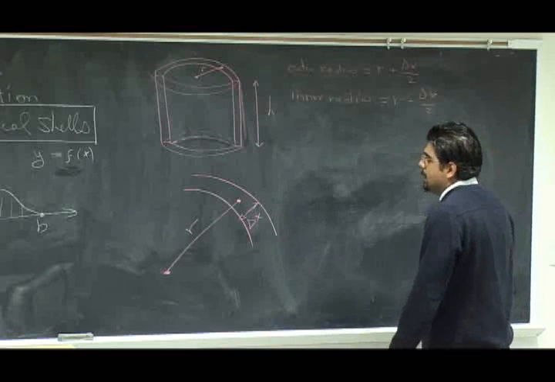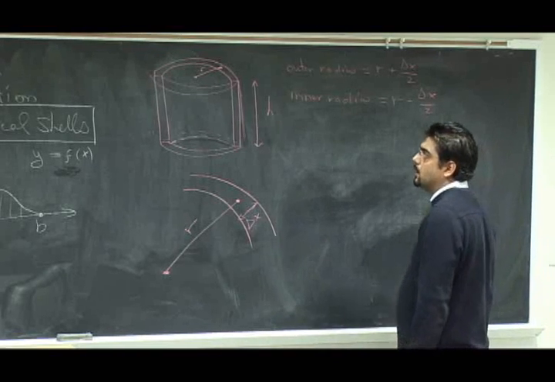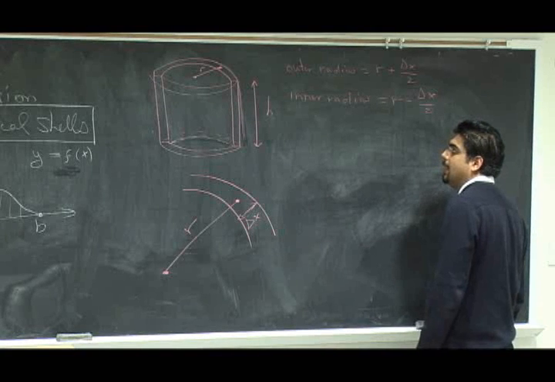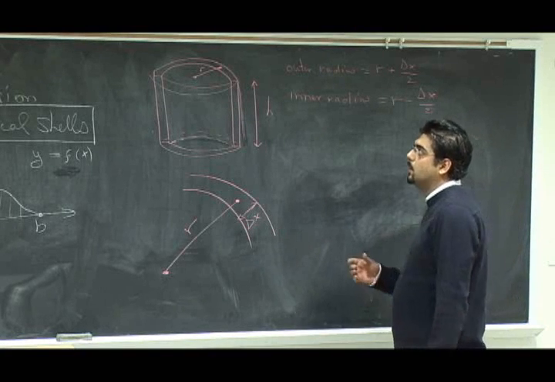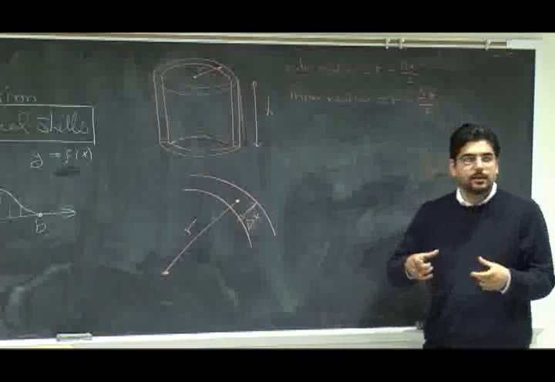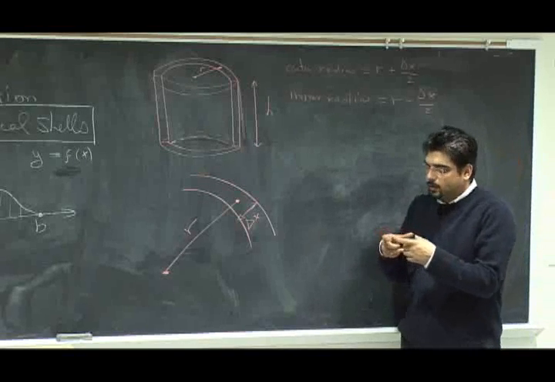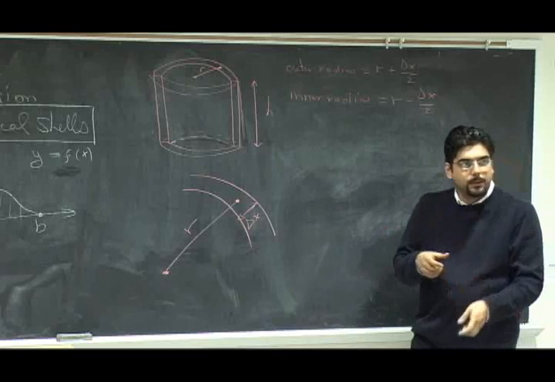Great, so having said that, in order for me to calculate the volume here, I have to get the volume of the big cylinder as if it was full, and subtract the volume of the inner cylinder, which is the hole.